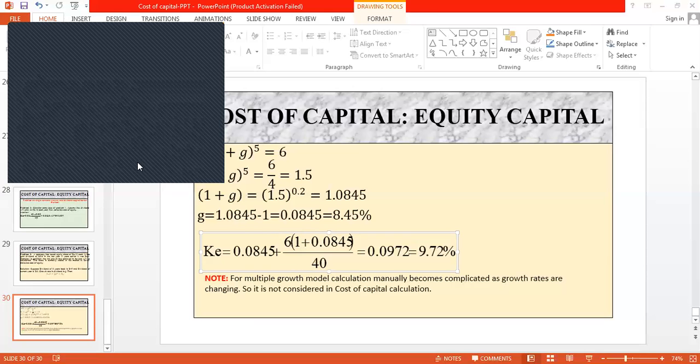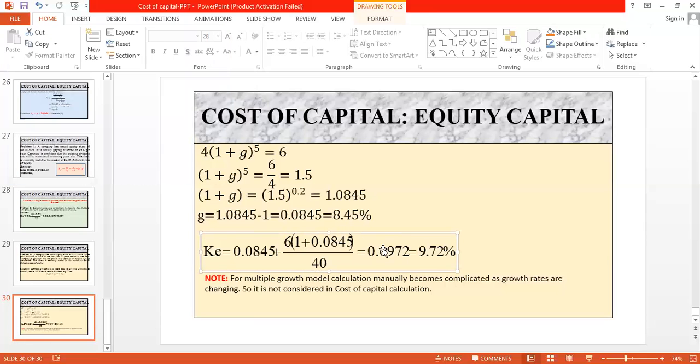So 1.0845 into 6 divided by 40, the result will be 0.162675. So you can change it in this formula.